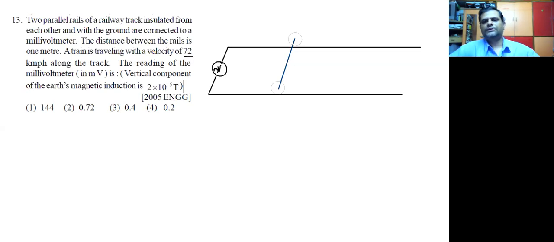Yes, like this. Okay, so when these wheels will just move at a horizontal direction, at a speed of 72 km/h, then this rod will also just move in the same direction with the same speed, right?